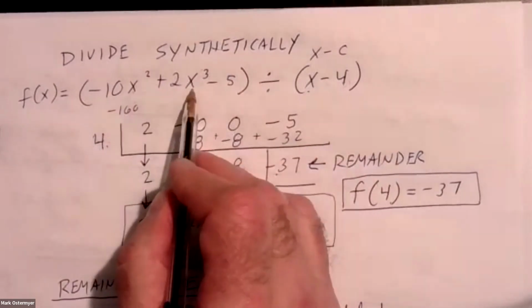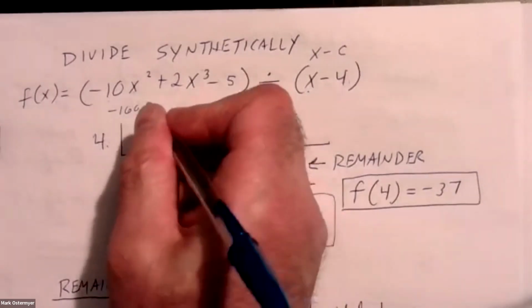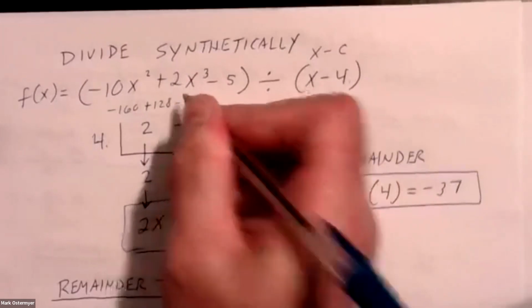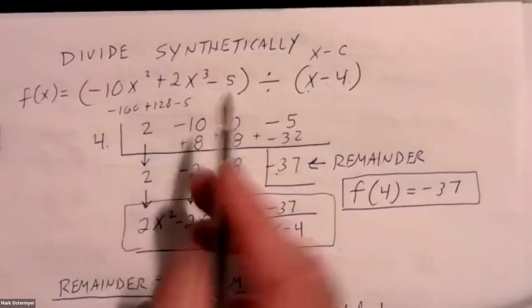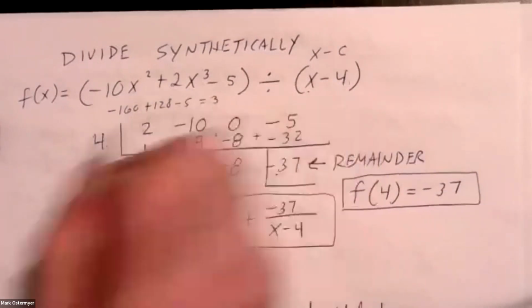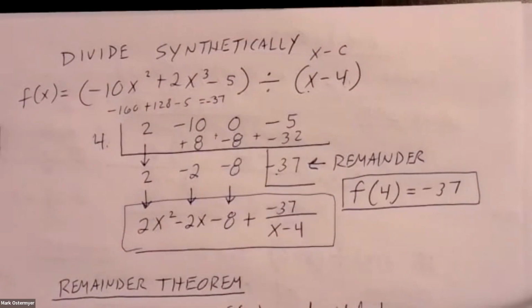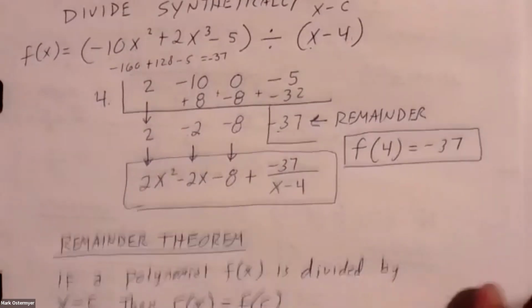And 2 times 4 to the third power would be 2 times 64, which is 128. Minus 5. If you were to combine all these, you would get what? I think you would get negative 37. Okay. Pretty neat, huh? So that's what the remainder theorem guarantees. So the remainder theorem.